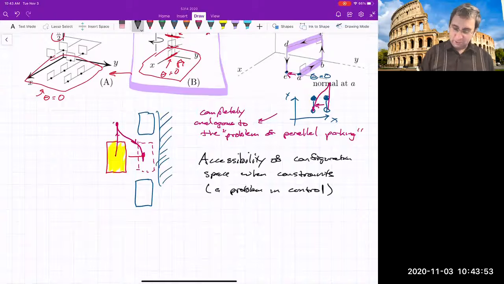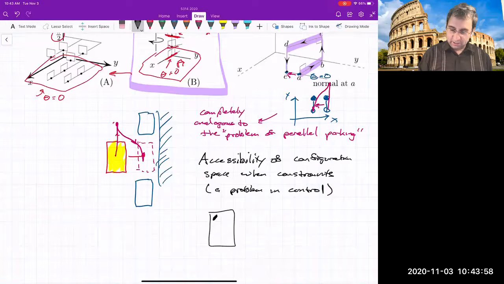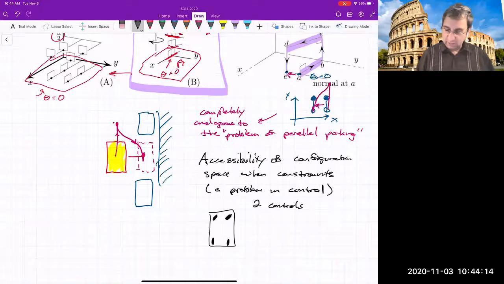With the car, even though we've got two wheels up front, you could just view those as one wheel, and the back wheels, let's say, don't move. So you've got your two controls: if you've been in a car, you know that you've got steering and the acceleration pedal.